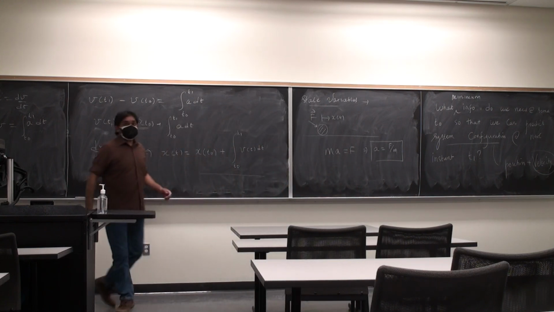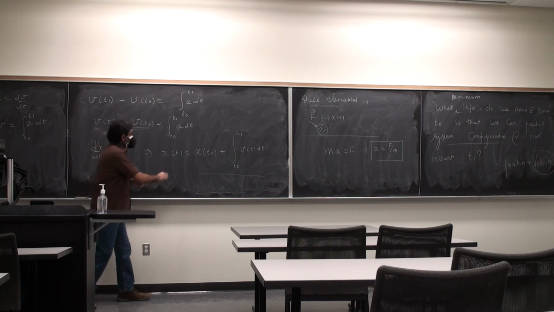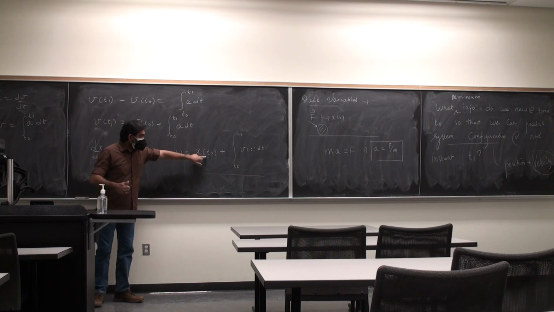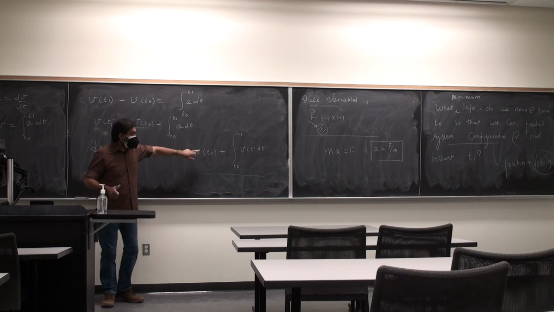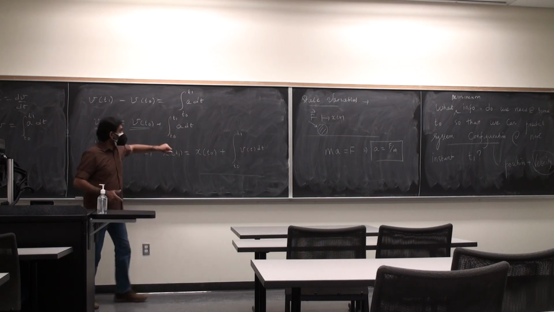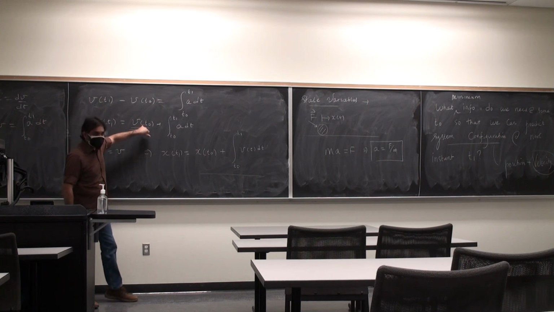The big deal is, why is this true? Why don't I need the velocity to know the configuration of the system? Is because to know the position at time t1, what are the things I need to know? X at t0, I need to know that. Then I need to have v of t dt, where v of t is a function of the initial velocity v of t0.